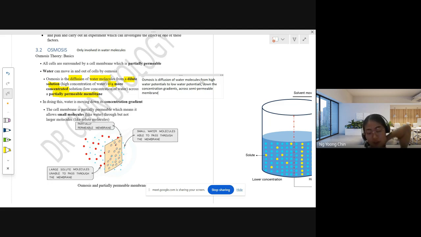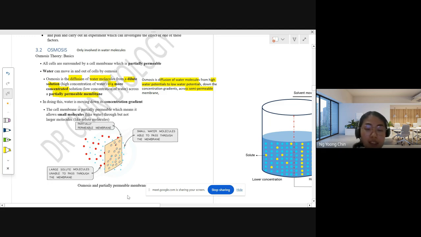I will explain high and low water potential later. When the question asks you to define osmosis, it gives 3 marks, so write this and you will get full marks.